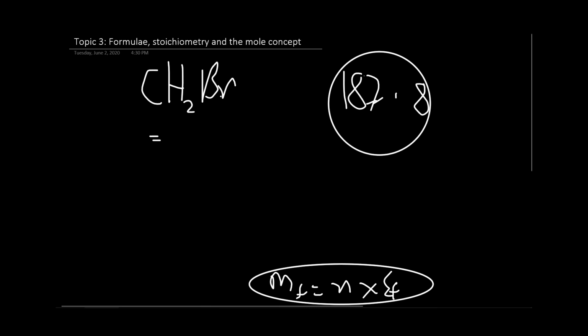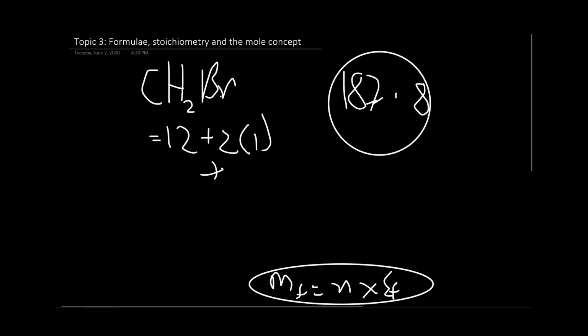We already have the molecular mass which belongs to the molecular formula. Now we will calculate the molecular mass which belongs to the empirical formula. So we will have 12, which is the Ar of carbon, plus 2 into 1, which is the Ar of hydrogen, plus bromine.